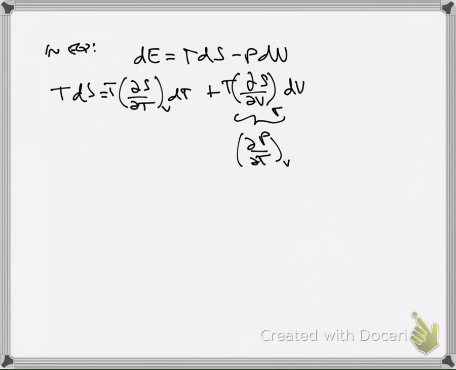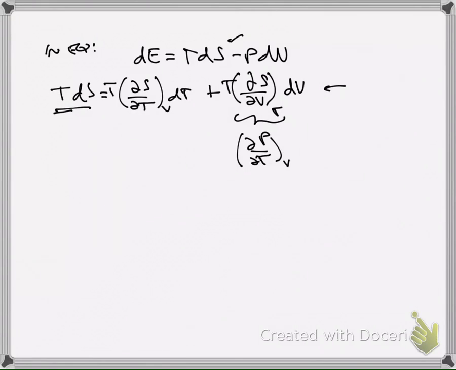And that means we now have an expression for TdS. So we know what TdS is, so we can substitute it into the first law. We're going to take our expression for TdS, which is all the stuff on the right-hand side, and plug it in up here.